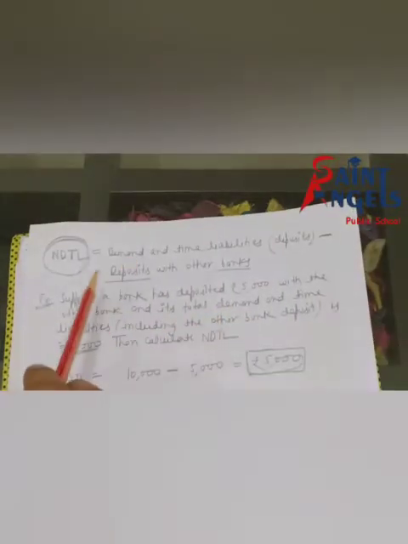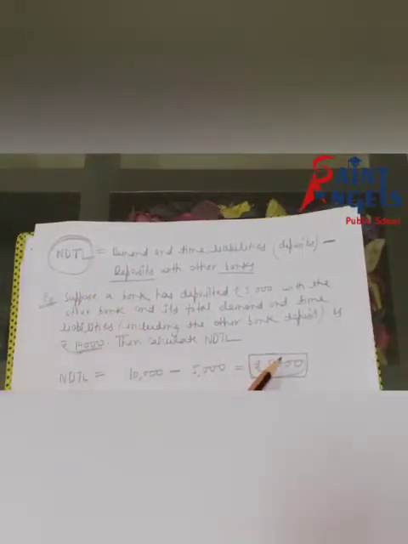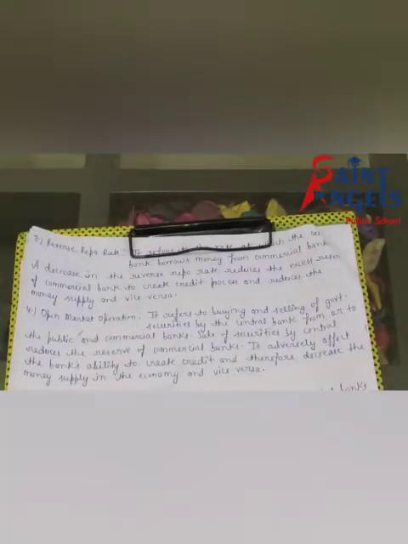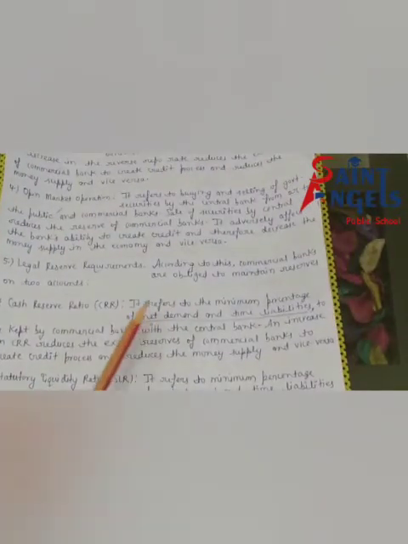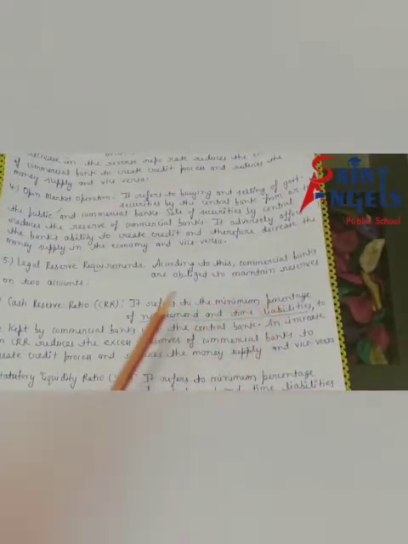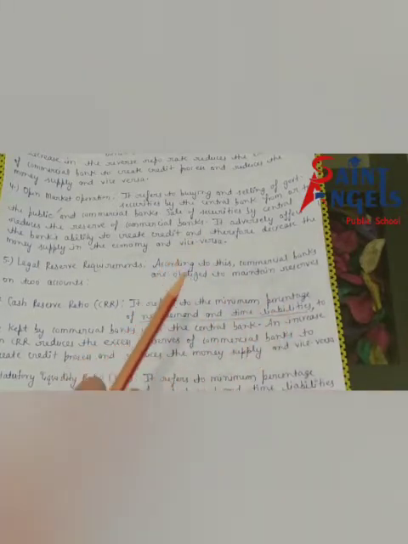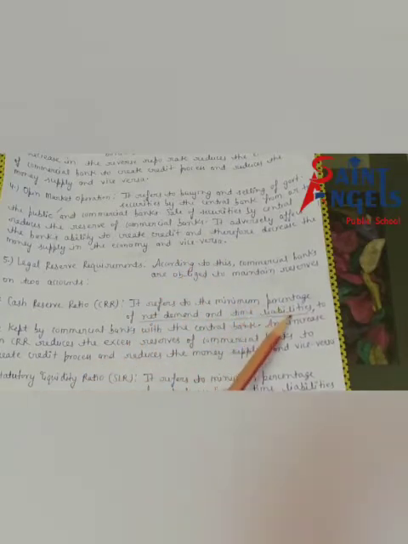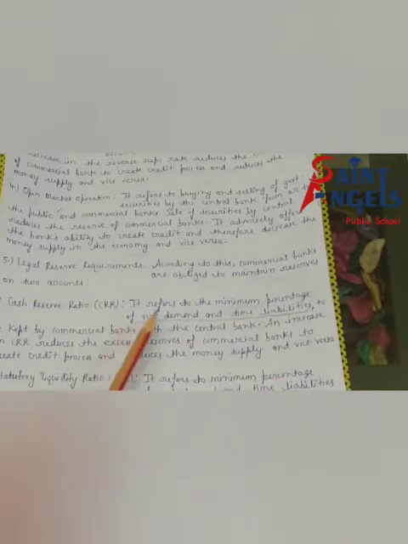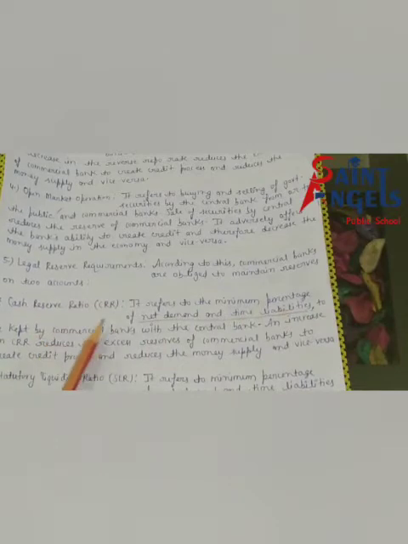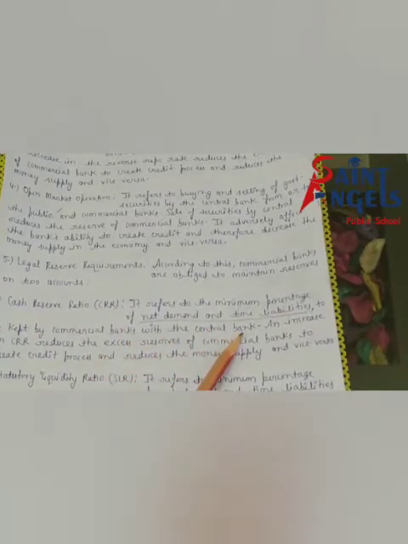First of all, commercial banks will calculate their NDTL, and then it refers to the minimum percentage of net demand and time liabilities. According to my example, NDTL is rupees 5,000, and a minimum percentage of it is to be kept by commercial banks with the central bank.